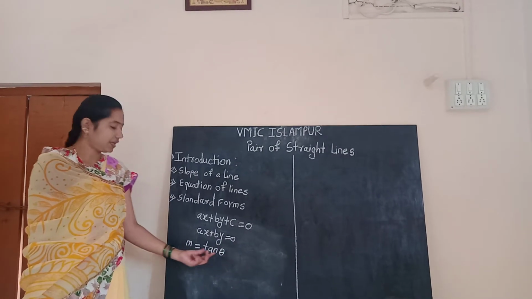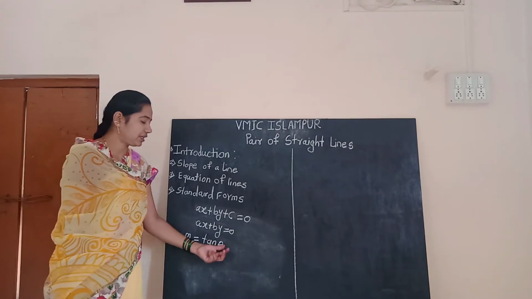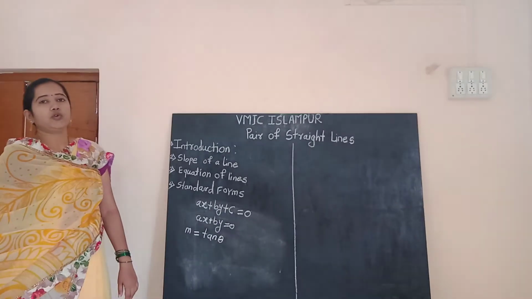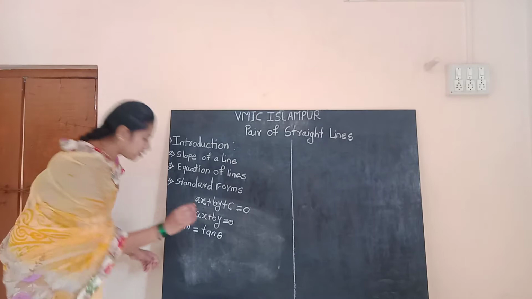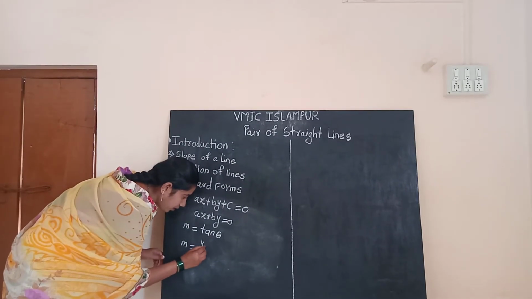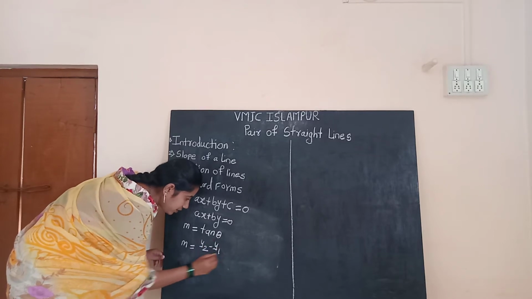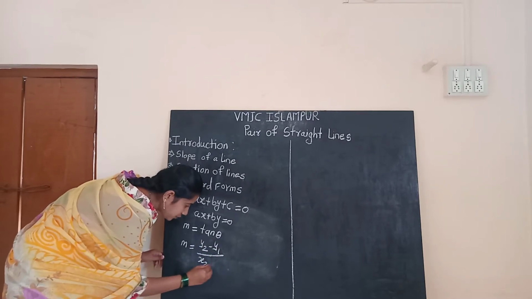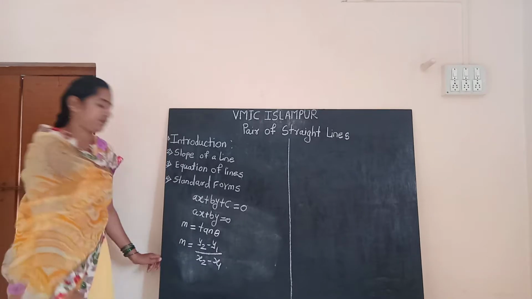When two points are given, then the slope of a line is m is equal to y2 minus y1 divided by x2 minus x1.